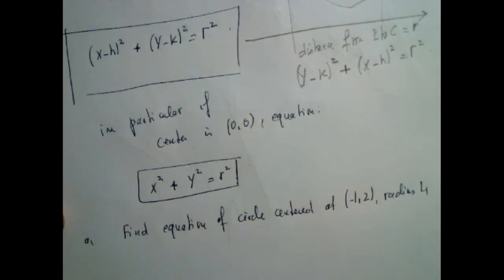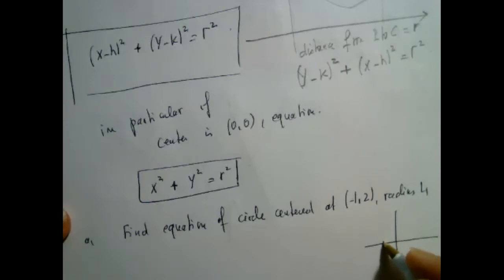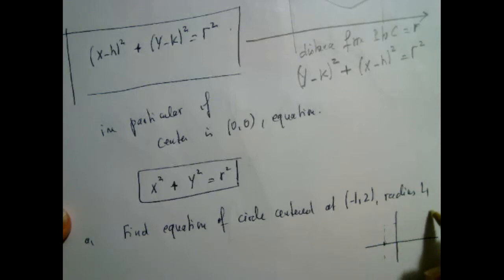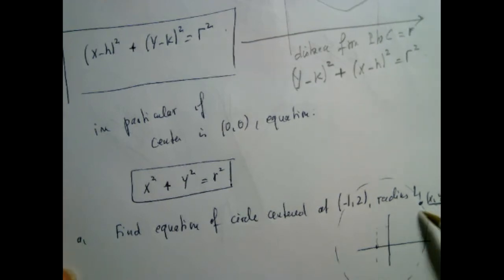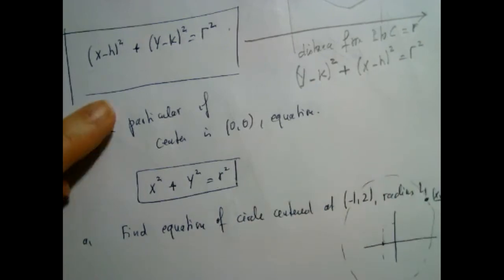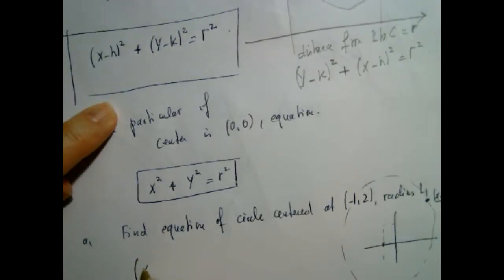Okay, so basically, if you take the circle where the center is (-1, 2) and the radius is 4, it's going to be something like that. That's the radius. Finding the equation means you take any point on the circle and give the equation that relates the x and the y. So if I know the x, I know the y. If I know the y, I know the x. So we apply this formula verbatim.